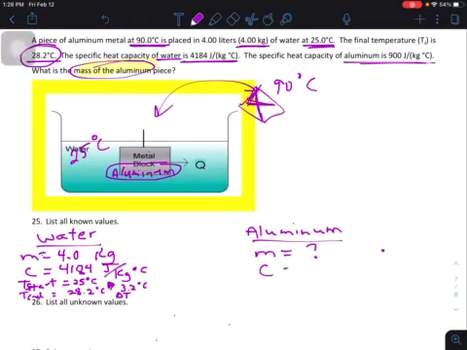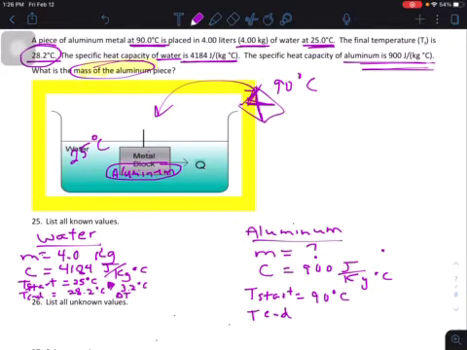The specific heat is given here, 900 joules per kilogram per degree Celsius. The temperature at the start is 90 degrees Celsius, and the temperature at the end is just like the water, 28.2.